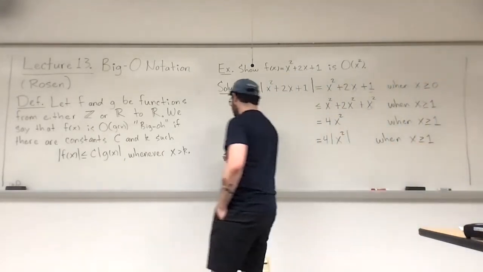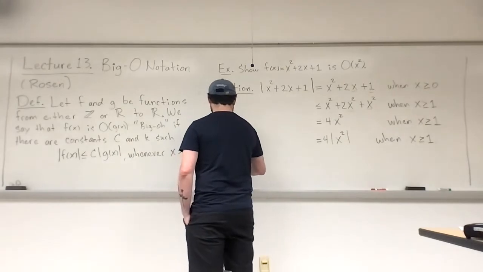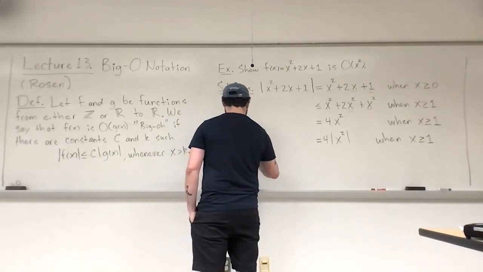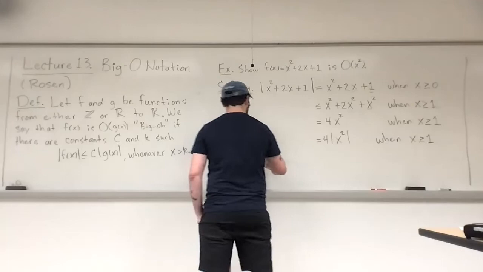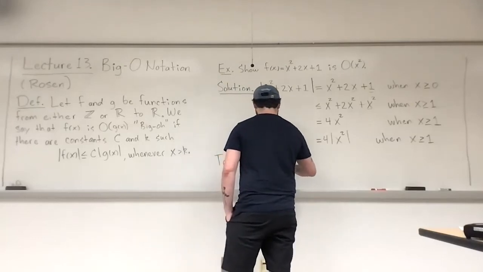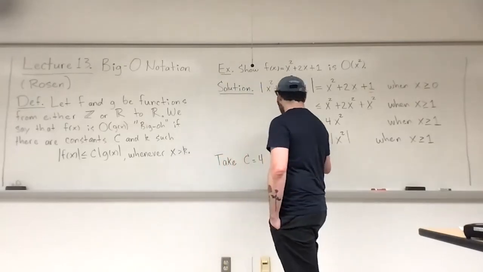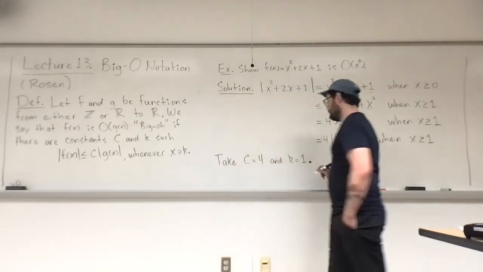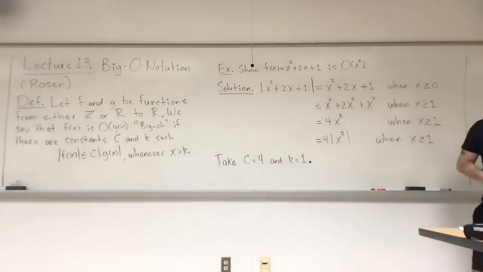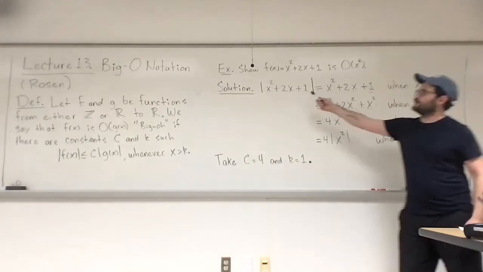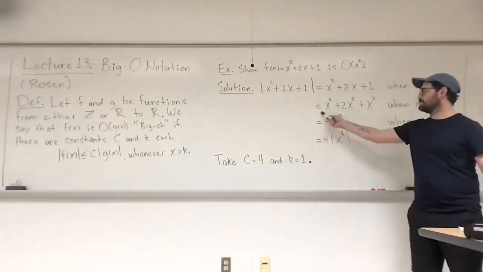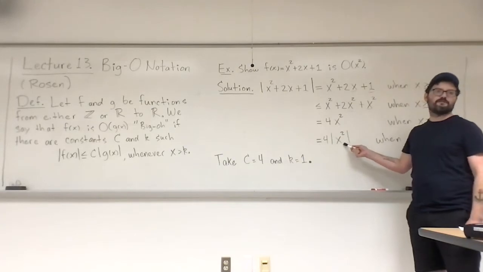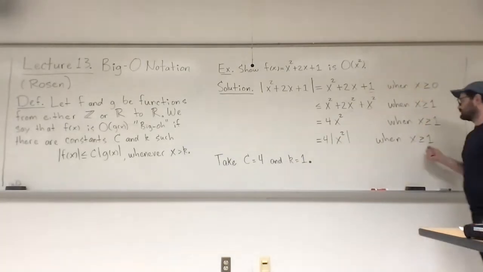So then we can take c to be equal to 4 and little k equal to 1. That function is at most 4 times the absolute value of this function whenever x is greater than or equal to 1.